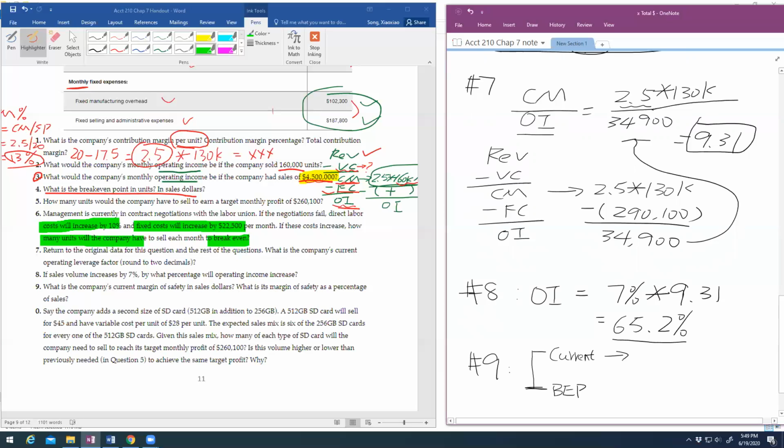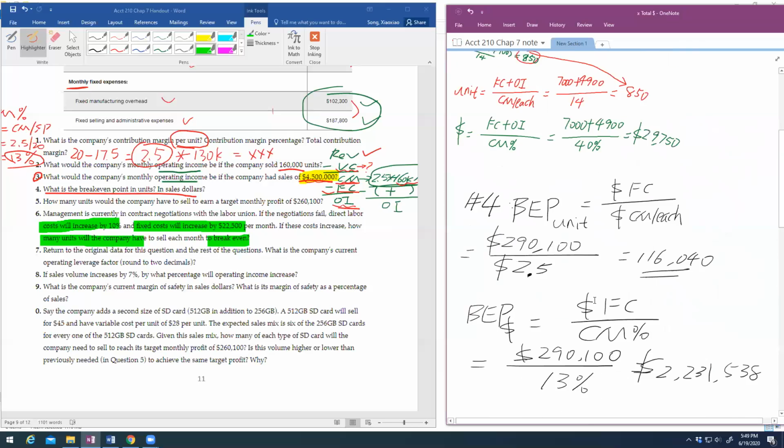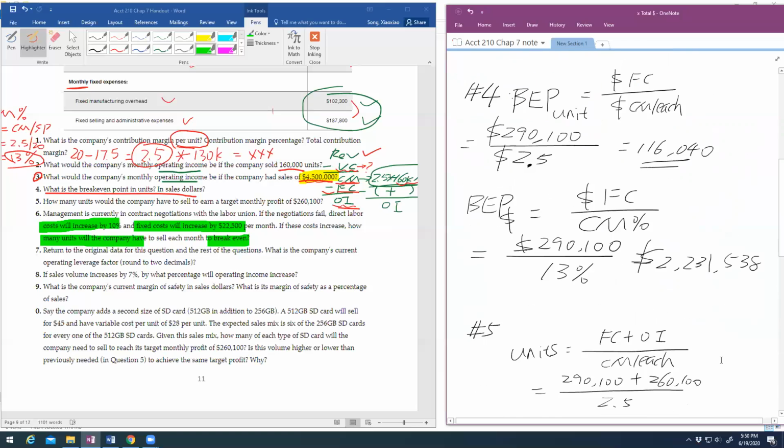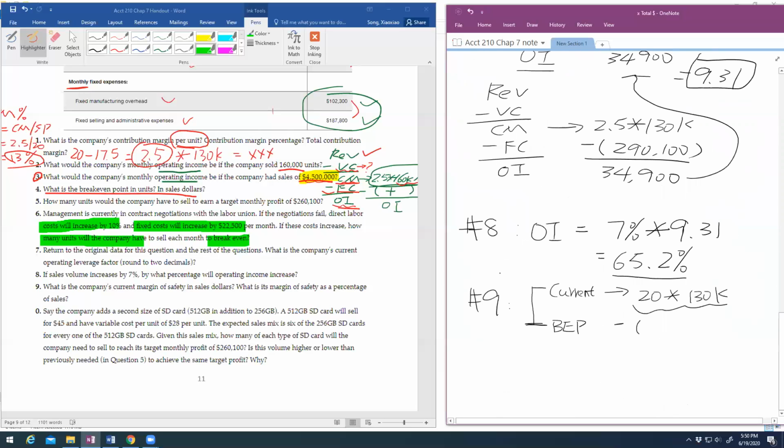Our current sales: the selling price is 20, and currently we sell 130,000 units. So that's our current sales. We minus the break-even point. How many units? From question 4, we already did it. The current break-even is 2,231,538, so you minus that number.